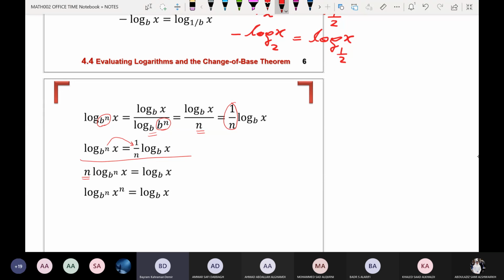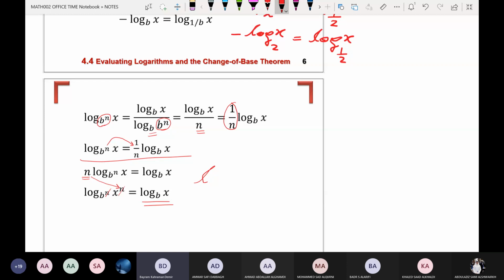And if you like, you can just move this n as a power of x right here. So logarithm of x to the n with base b to the n. Well, these powers are cancelled, so we have logarithm of x with base b.